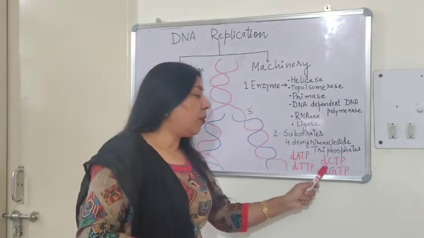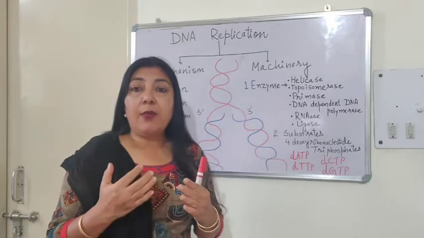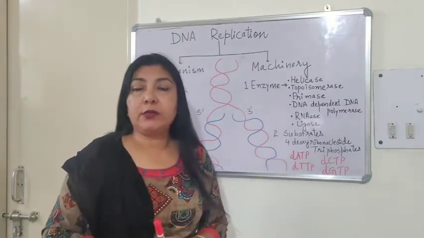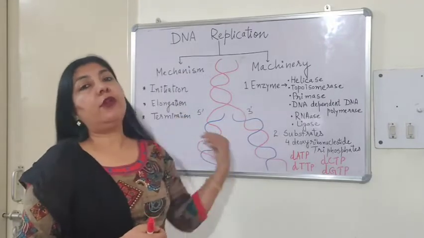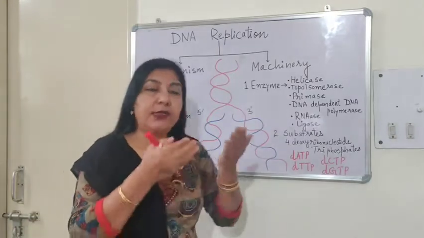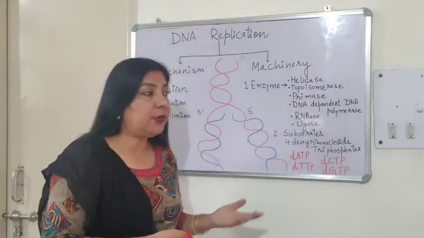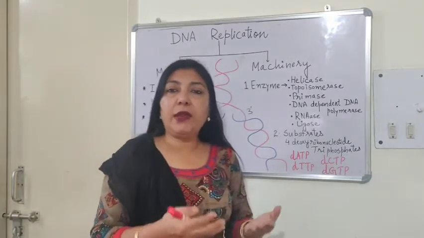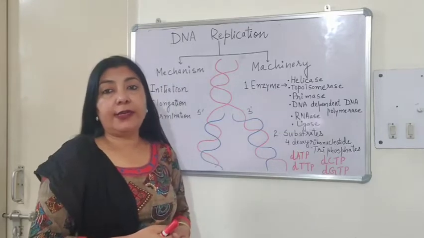and deoxyriboguanosine triphosphate. They are performing dual roles. What are dual roles? Dual roles means they perform two functions. They act as the raw material for the synthesis of the new strand, as well as they provide energy for binding the two nucleotides.